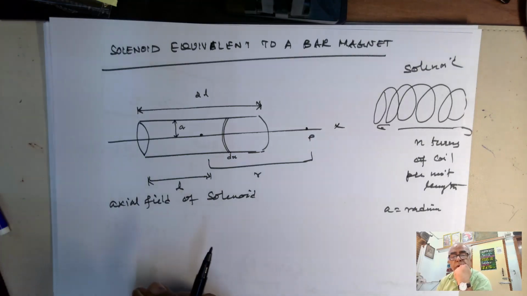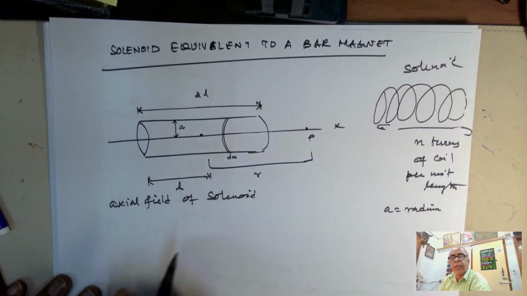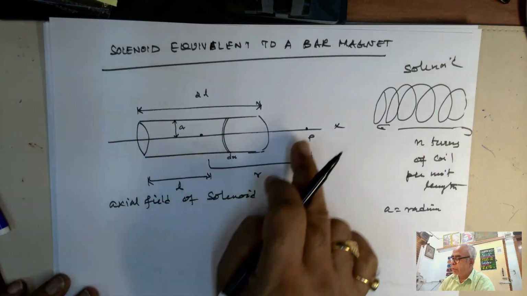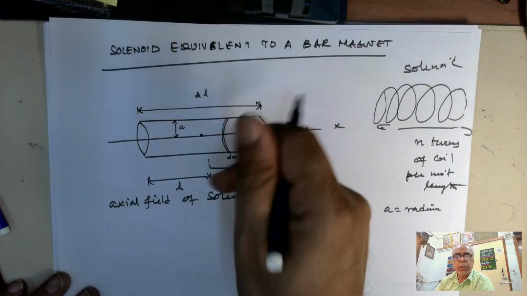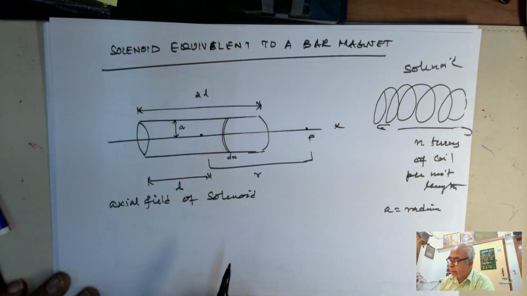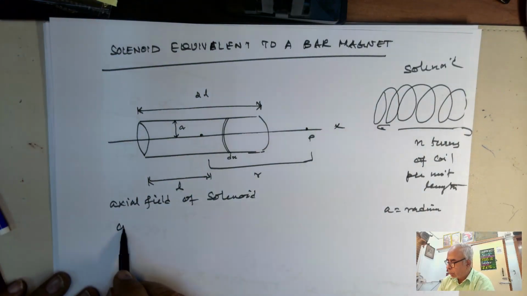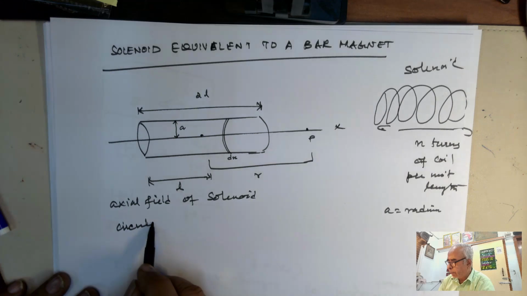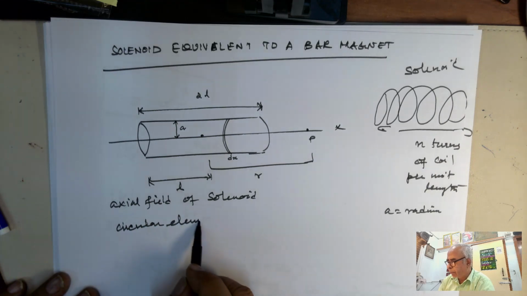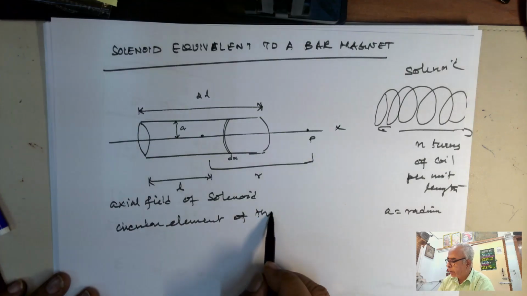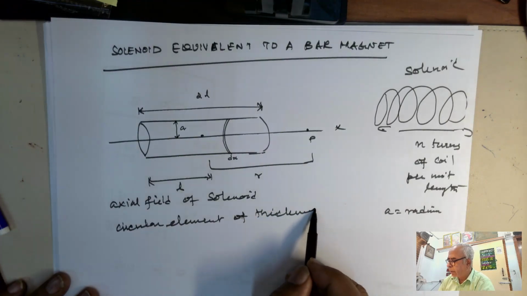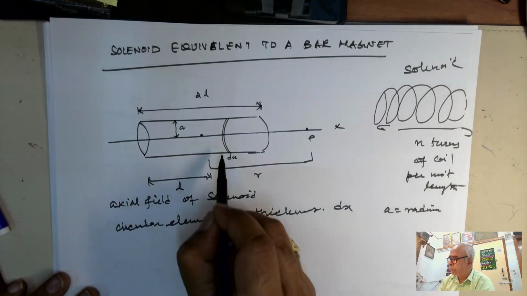Now each turn of the solenoid is at a different distance from the fixed point P. Is it not? So let us consider a circular element of the solenoid of thickness dx. That is this one.